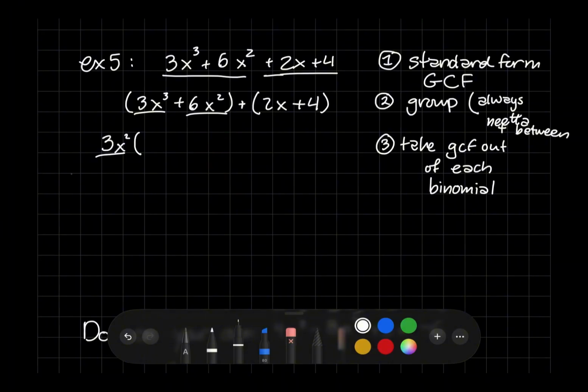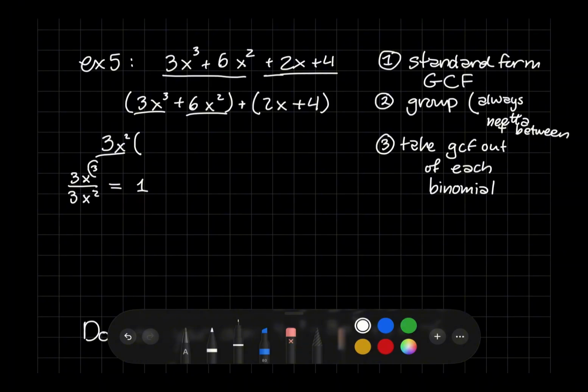Now we need to take our 3x squared out of each term, 3x cubed and 6x squared. I'm going to do this by putting them in fractions. It's a little bit easier to see in fraction form. Very similarly to how we deal with multiplication, with division we focus on the numbers and then our variables. So what is 3 divided by 3? It's going to be 1.